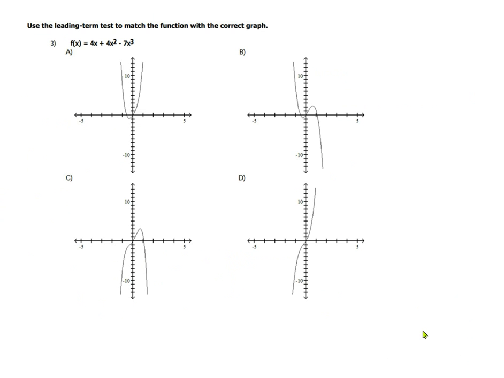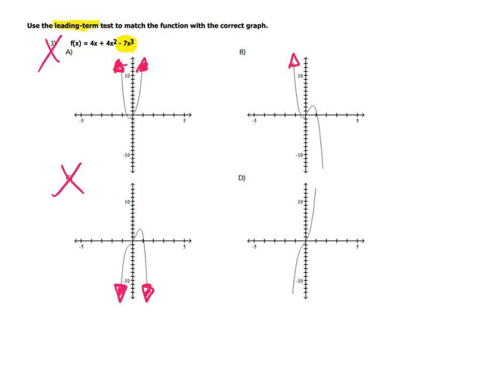All right, number 3 says use the leading term. Okay, and in this case, it's not in descending order. This would be the leading term. It's a negative 7x to the 3rd, and because of the exponent of 3, one end has to be up and the other one has to be down. On this one, both ends are up, and on this one, both ends are pointing down, so it can't be either one of those.